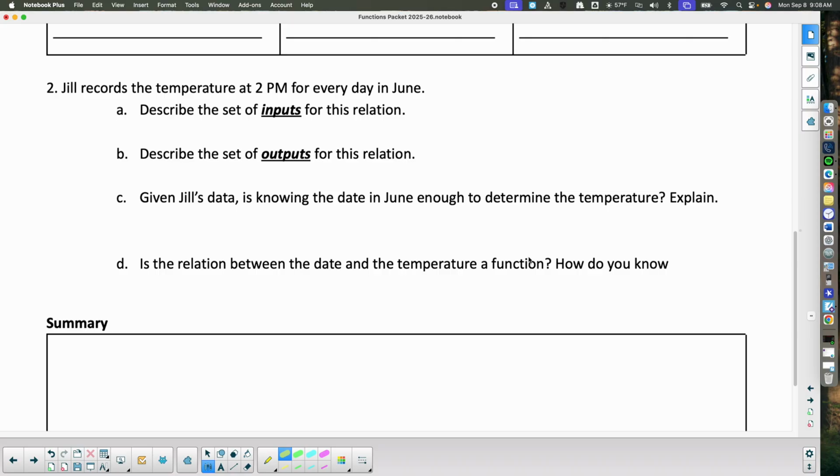Perfect. That was a great way to say it. Because you don't record twice in any day, it is automatically a function. If I give you a day, like June 5th, there's only one answer you can give me because she only recorded once per day. That was perfect. Good. Okay, that is our notes.